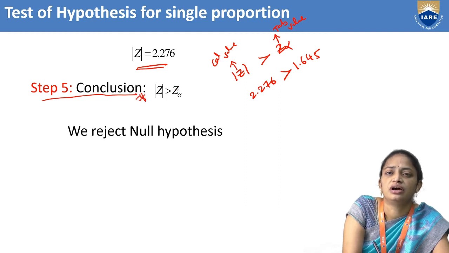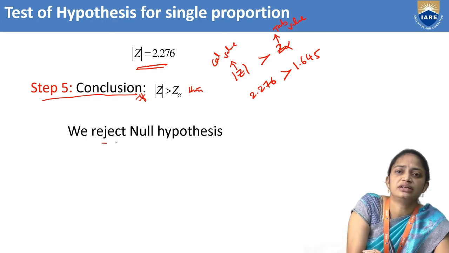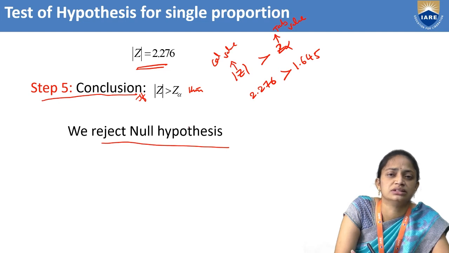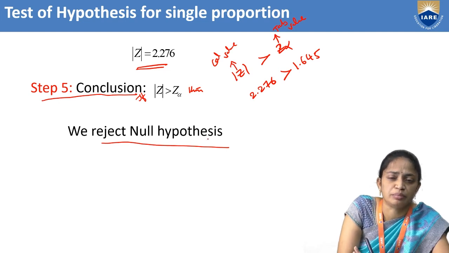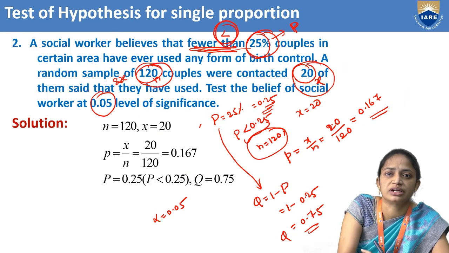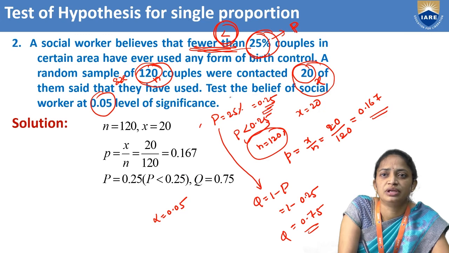So if modulus of Z is greater than Z alpha, then we reject the null hypothesis. That means we reject our statement. Our statement is a wrong statement. We need to test the belief of social workers at the 0.05 level. What is the belief here?